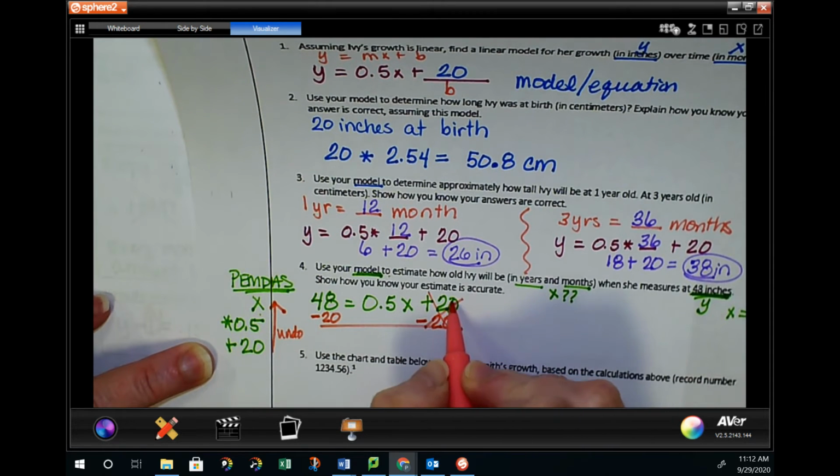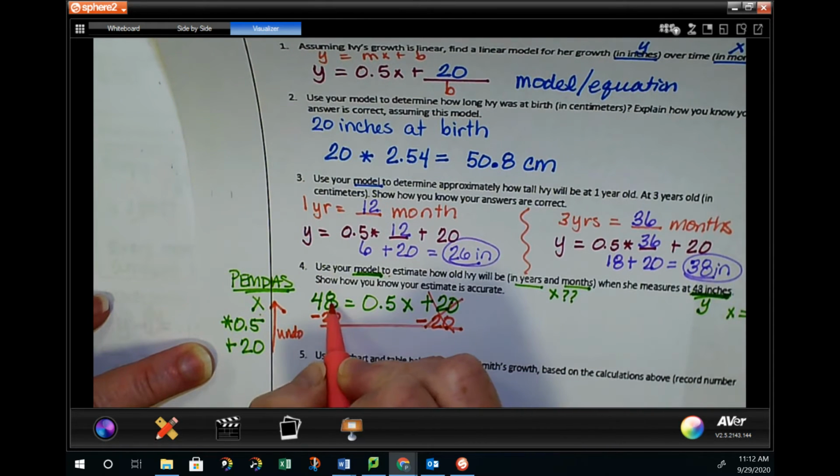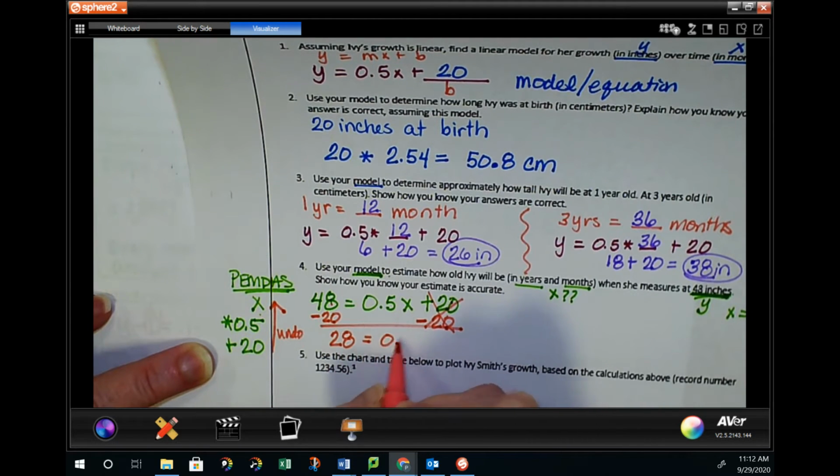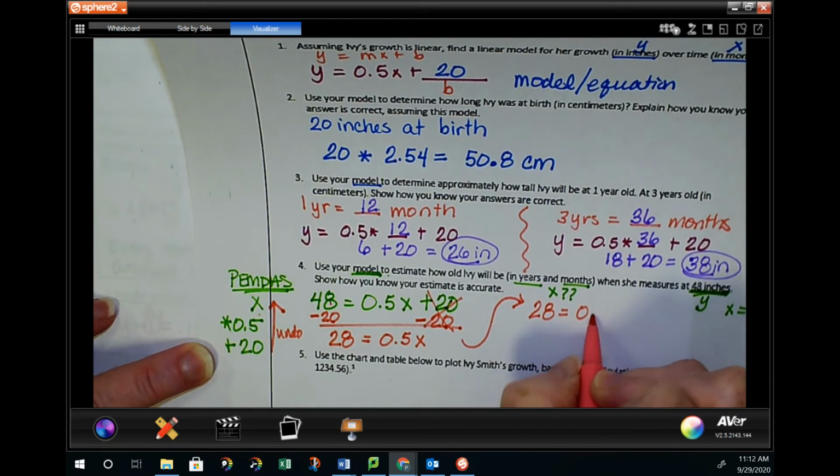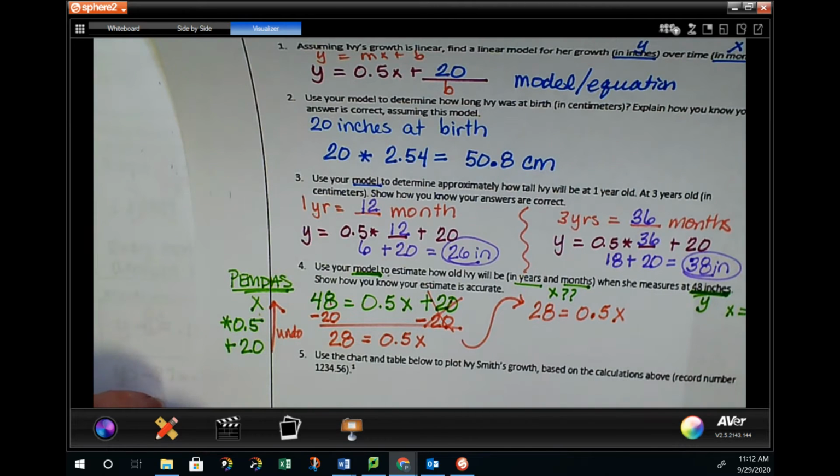So that goes away. 20 minus 20 is nothing. So 48 minus 20 ends up being 28 equals 0.5x. I ran out of room, so I'm just going to rewrite this: 28 equals 0.5x.